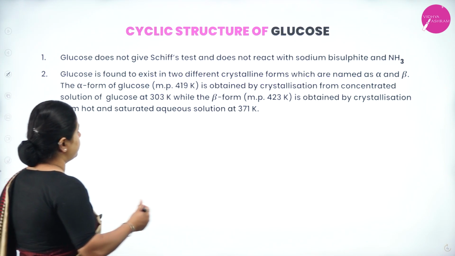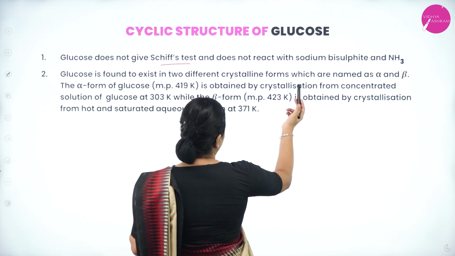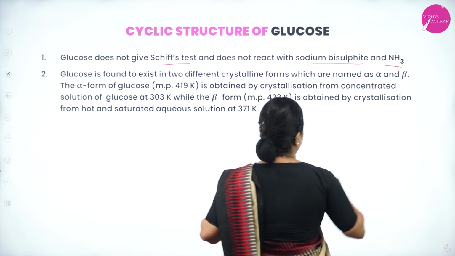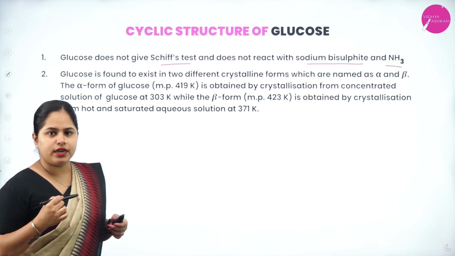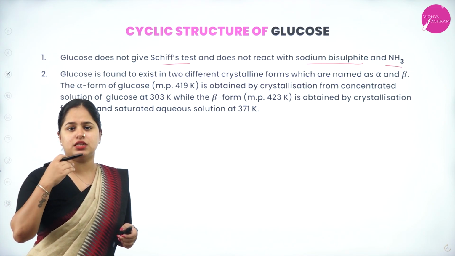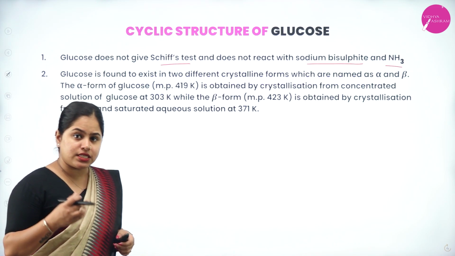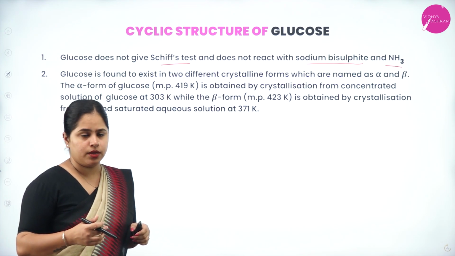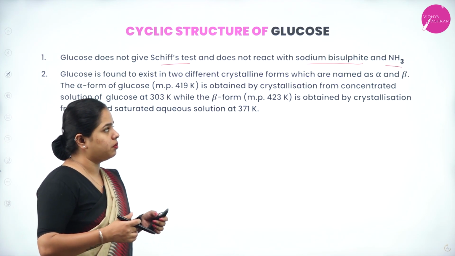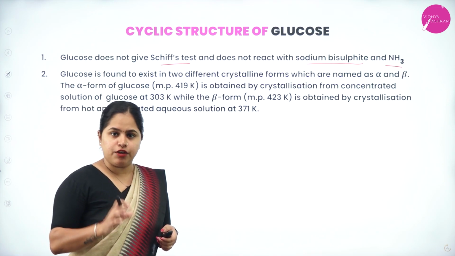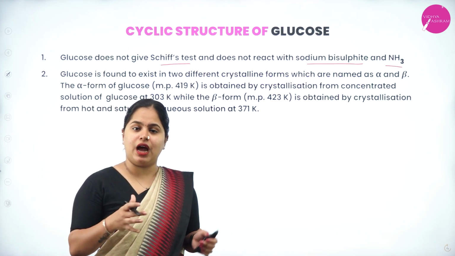Glucose does not give Schiff's test and does not react with sodium bisulfite and ammonia. We have already discussed that on the first carbon atom there is an aldehyde group.